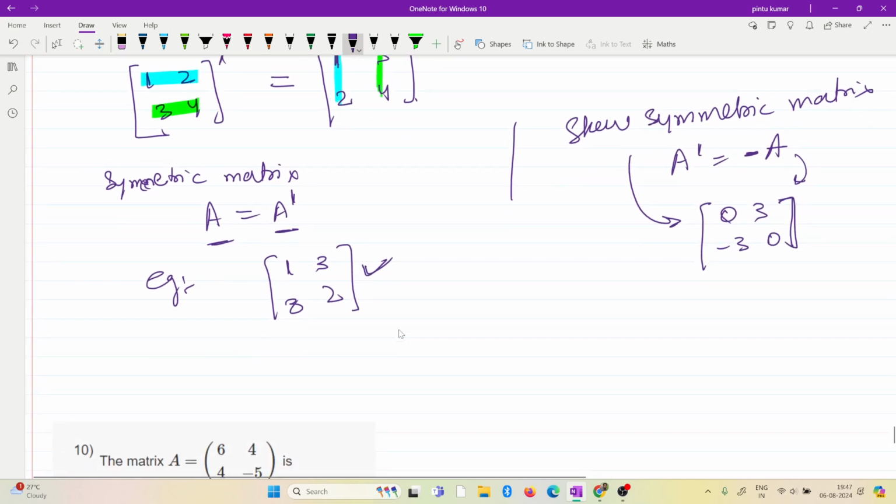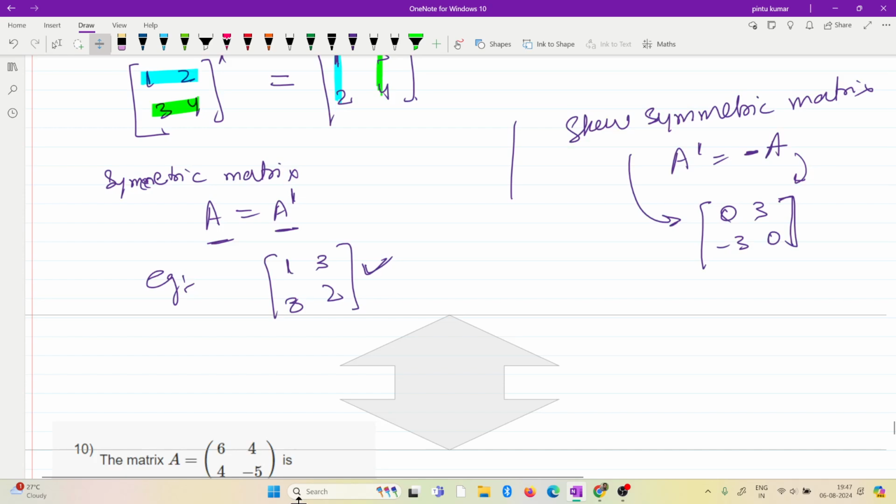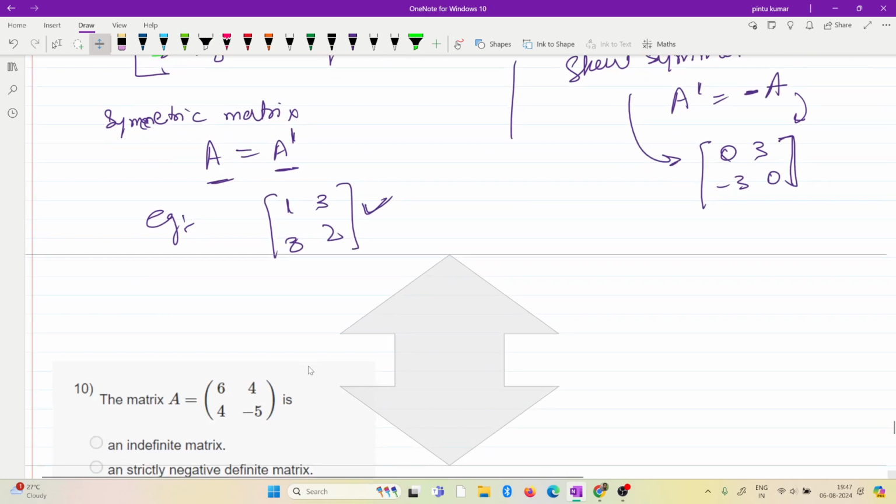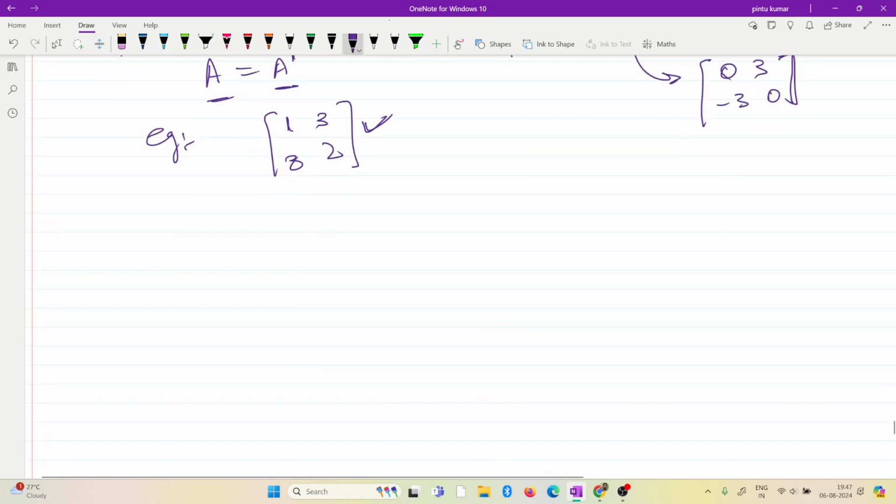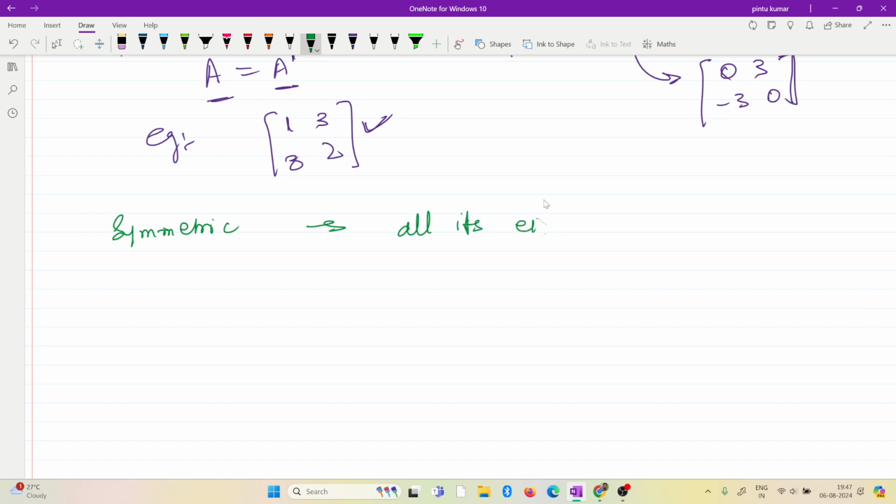Now, if you have a symmetric matrix, there is a good property. I think there is a question based on this, that's why I included it. For a symmetric matrix, all its eigenvalues are real.